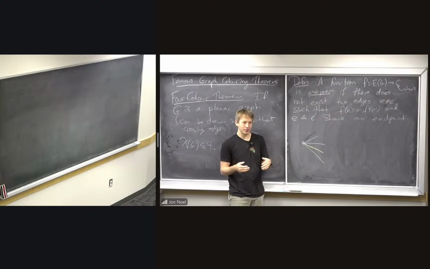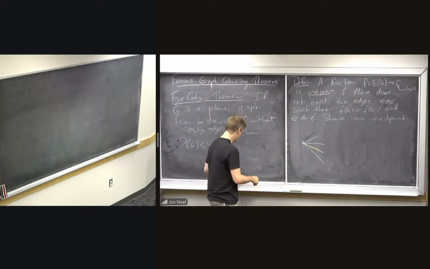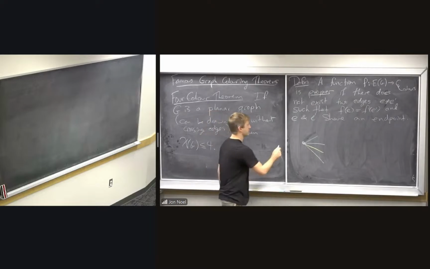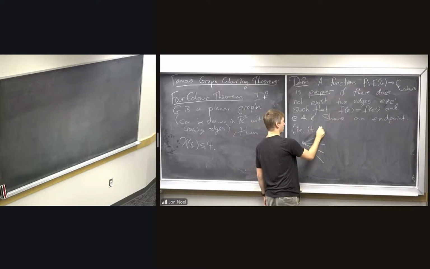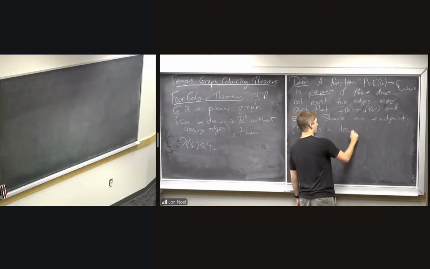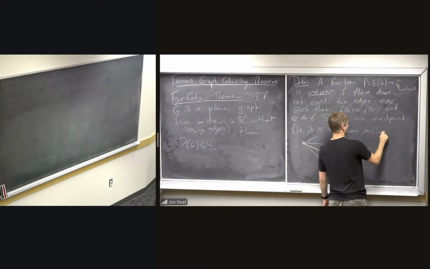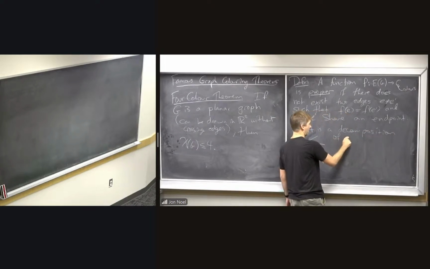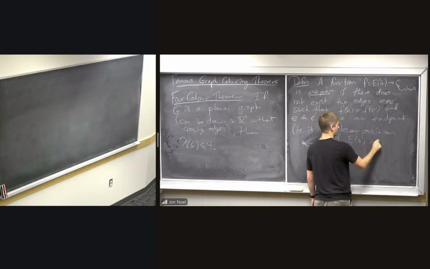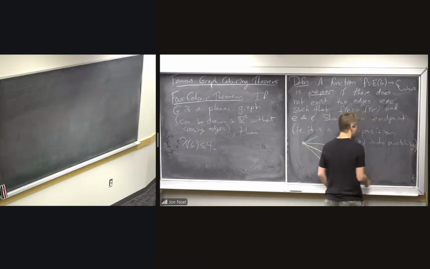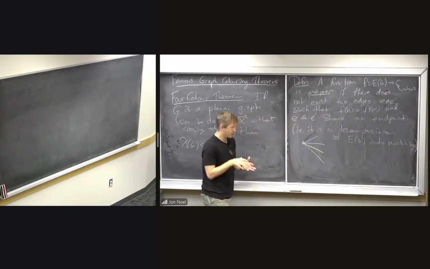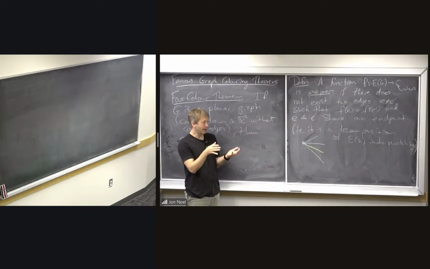So in other words, it's a decomposition of the edges into matchings. Similar to vertex coloring, where for any color, the set of vertices of that color is a stable set, now the edges of a given color form a matching.